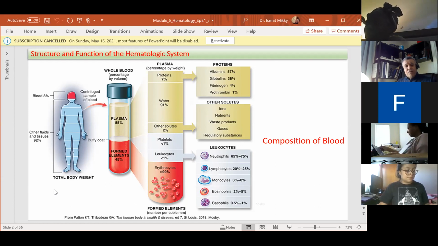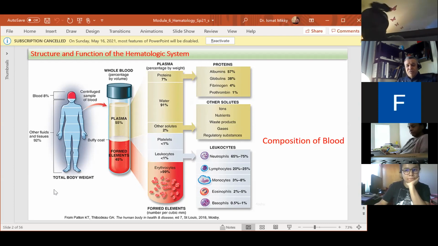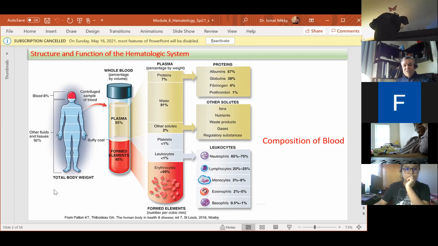The other half of blood composition is plasma, which includes the proteins, water, and other soluble molecules, like ions, nutrients, waste products, gases, CO2, and other substances that regulate fluids and electrolytes. So this is just a quick review of the composition of the blood: plasma and blood cells, or formed elements, which are white blood cells, RBCs, and platelets.